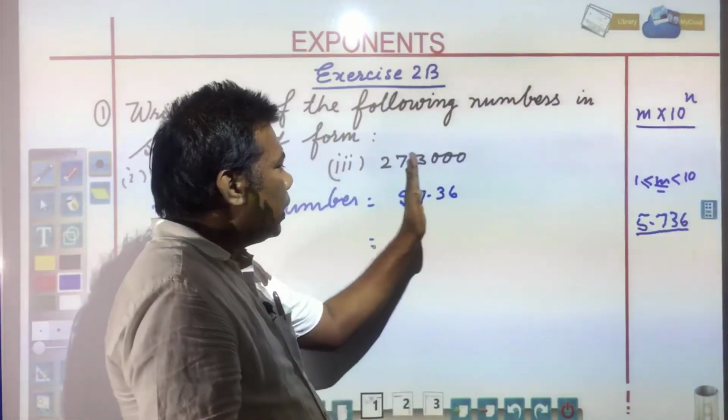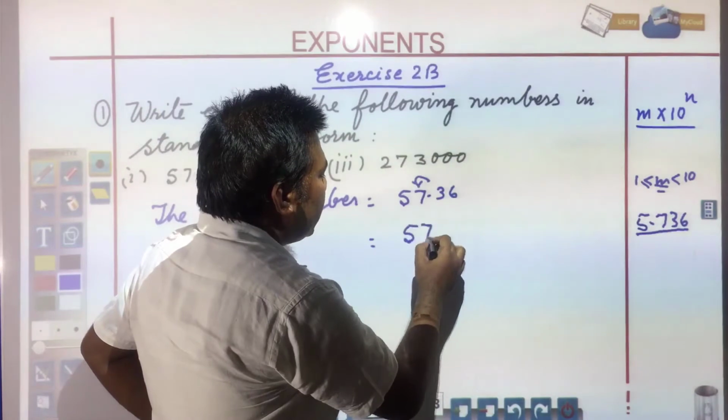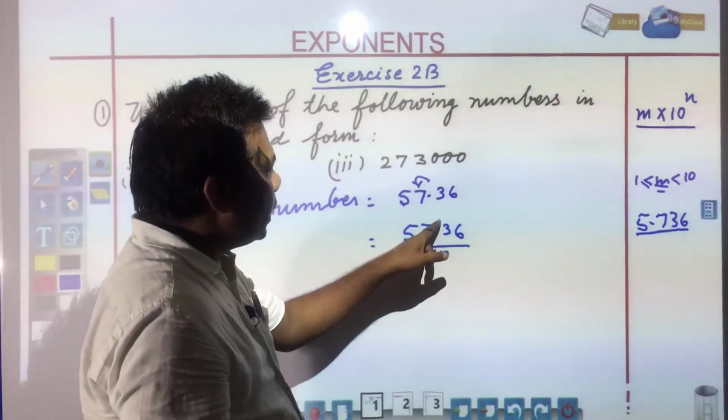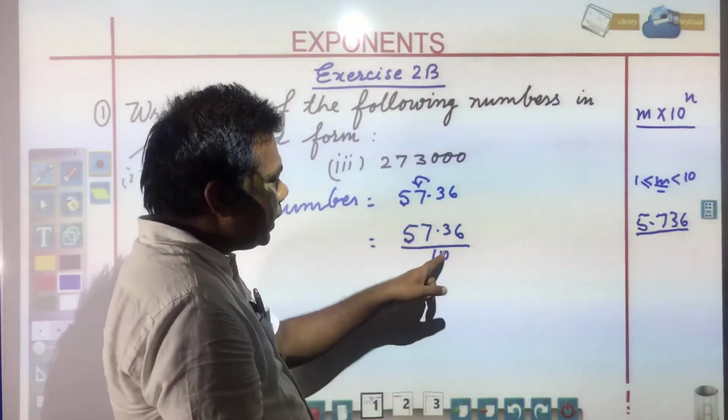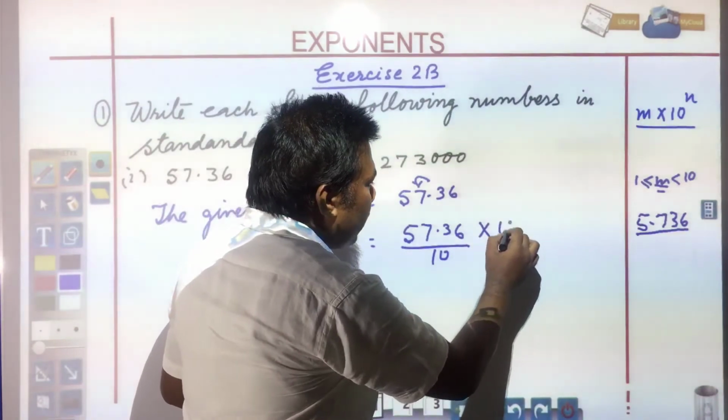So, leftward we need to move here. What we need to do is divide this number by 10, so that this decimal will be brought over here. So, this 10 we have written ourselves, so this is required to be multiplied also.